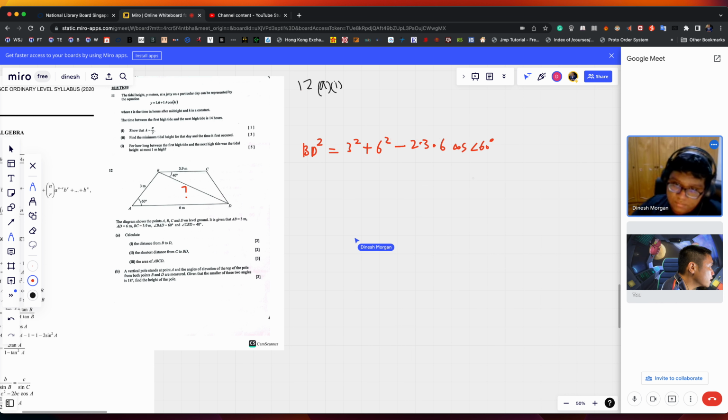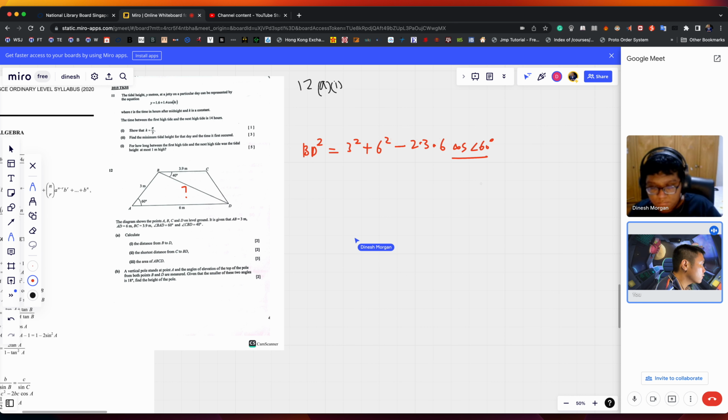Yeah. So this is a special angle, so you probably want to use the special angle value instead of using your calculator. Because 60 is a special angle, cosine 60 you should have an exact value. Is it half? Yeah, it's half.